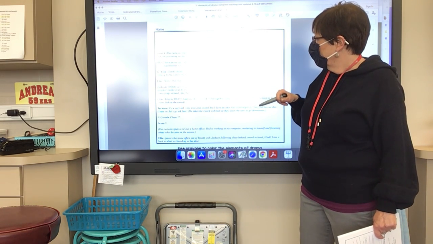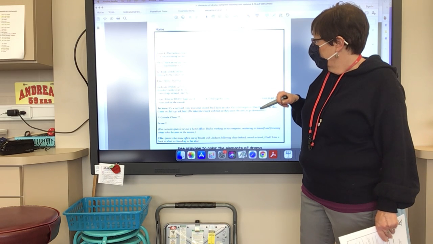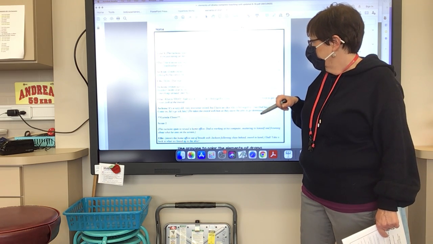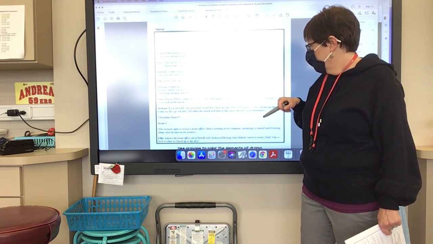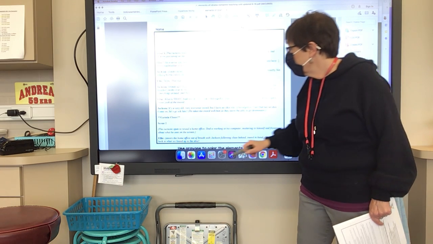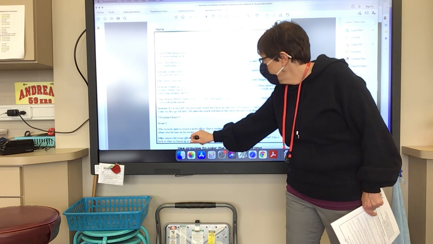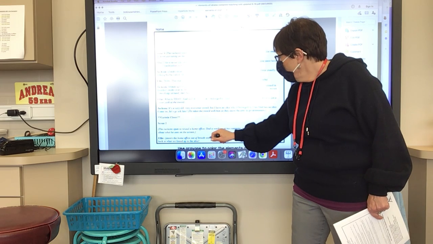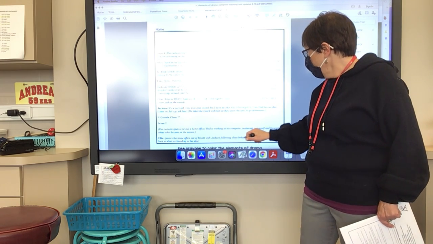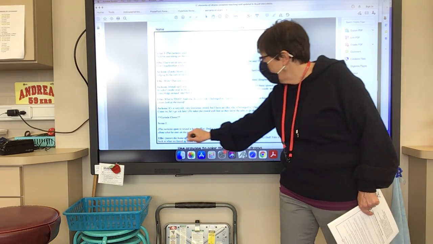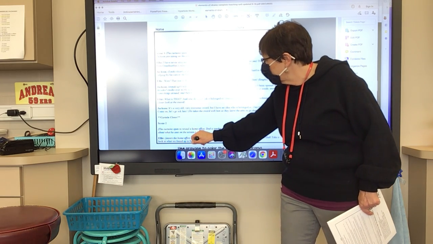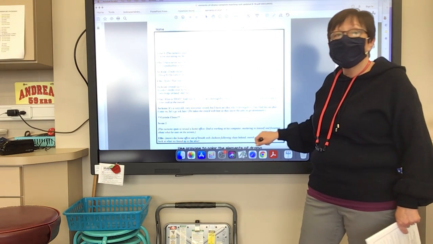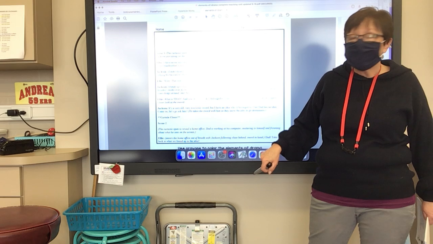Enters the home office out of breath with Jackson following close behind, sword in hand. Yes. Enters the home office out of breath with Jackson following close behind, sword in hand. So this should also be underlined. Right there. Anything else? Libby.